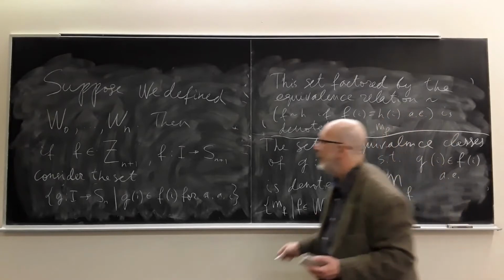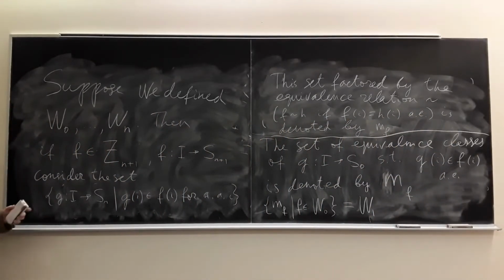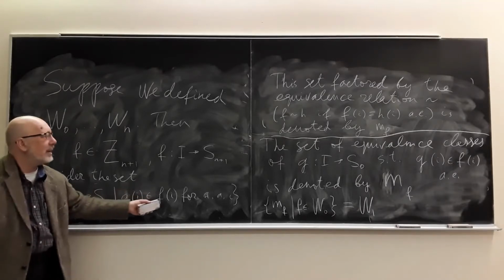So Mf is the set of all such trajectories through the set I, such that for almost all I we get into f of I. Yes?